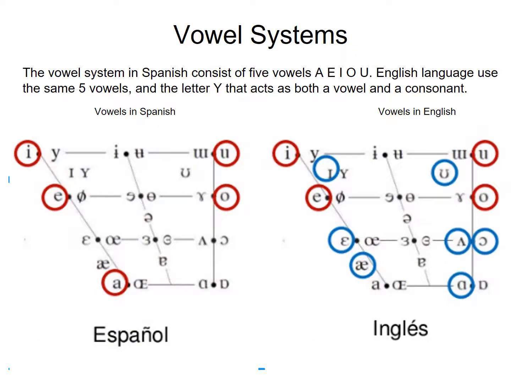The vowel system in Spanish consists of 5 vowels: a, e, i, o, u. The English language uses the same 5 vowels, pronounced A, E, I, O, U, and the letter Y that acts as both a vowel and a consonant.